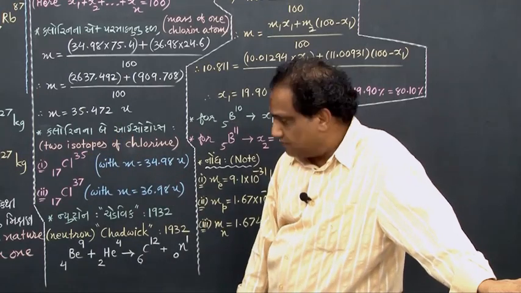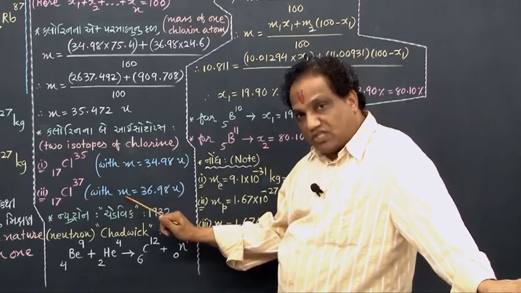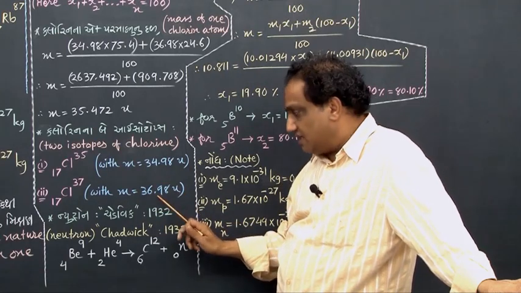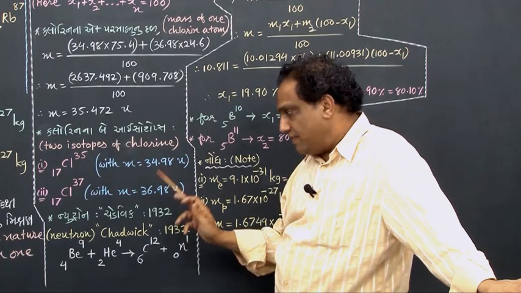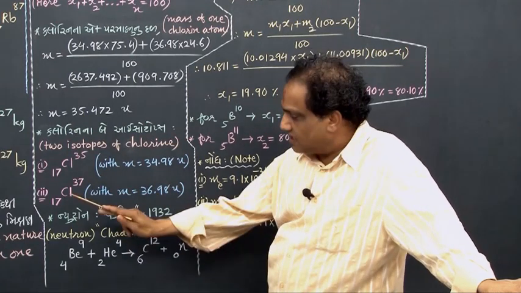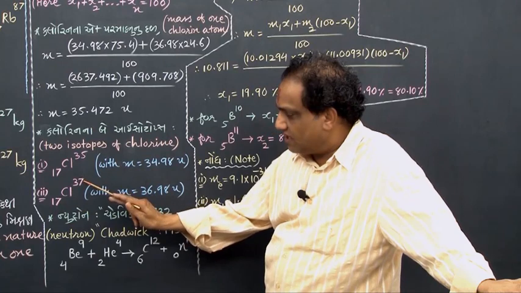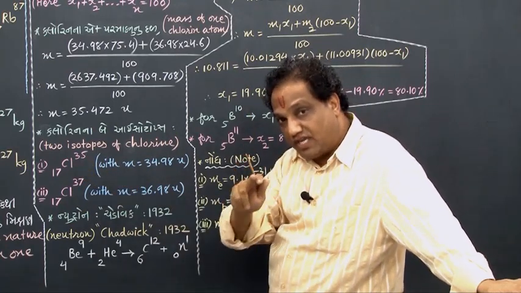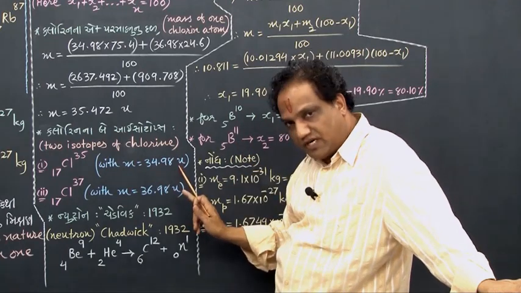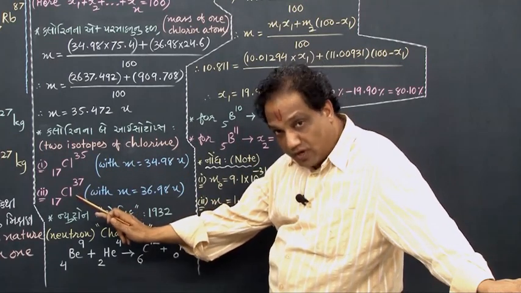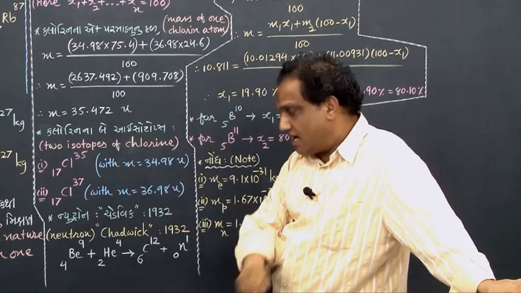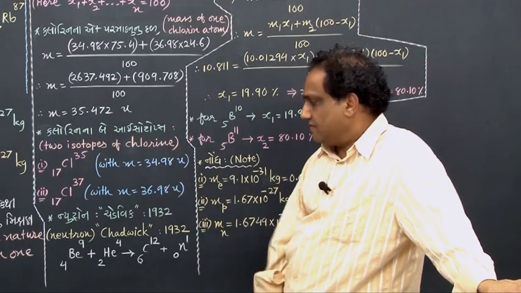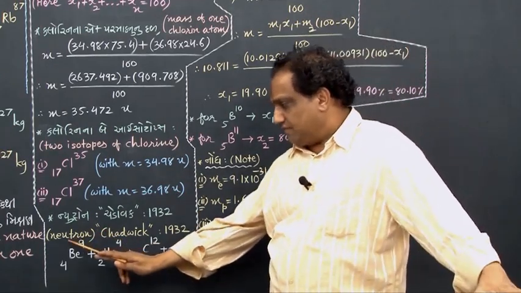And if you got the mass of a chlorine atom as 36.98 atomic mass unit, which is nearly 37 atomic mass unit, then that particular isotope is shown by this symbol 17 chlorine 37. Correct? This is that isotope of chlorine in which the mass of each chlorine atom is this many atomic mass unit. Got it?